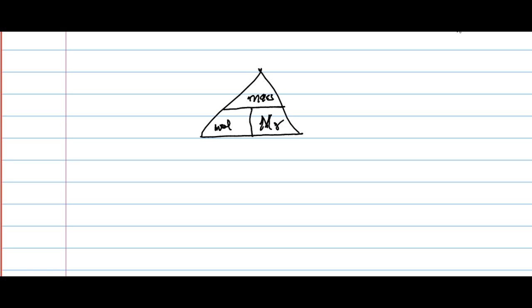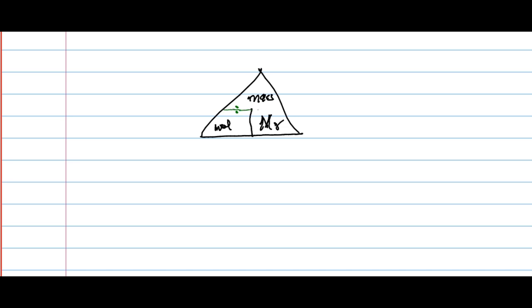Now, what relates mass to mole is division. So I will just cut this part. This is so big. So what relates mass to mole is division. So I draw the line and I put division here.